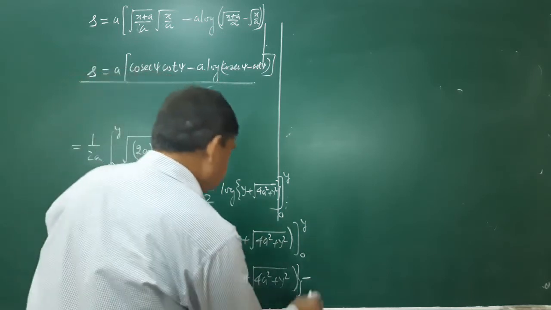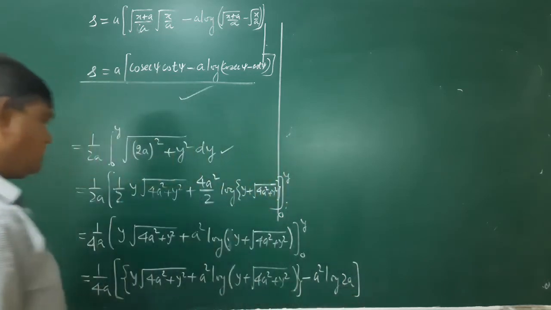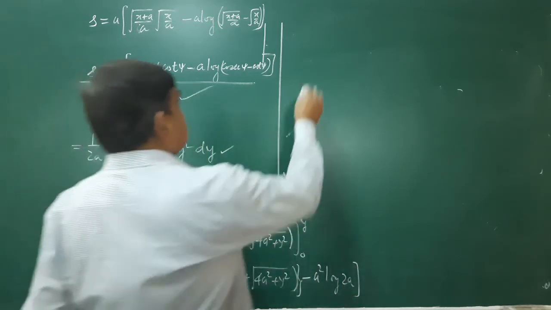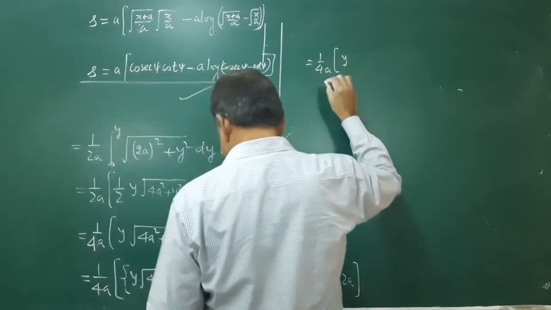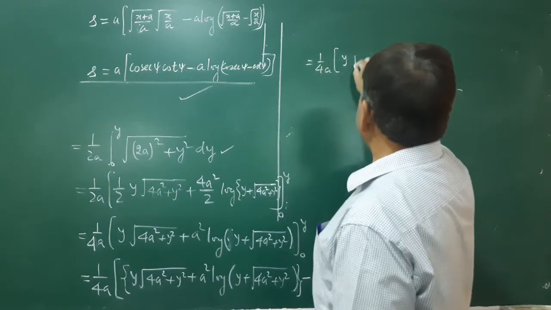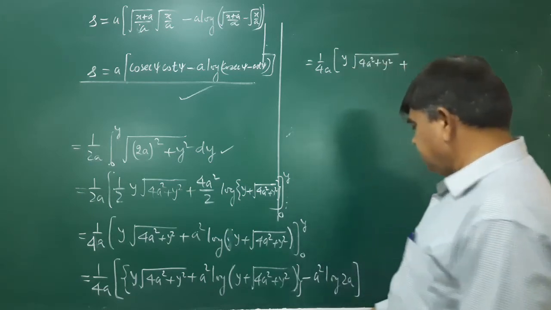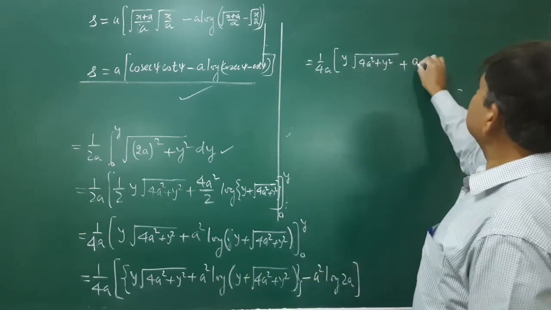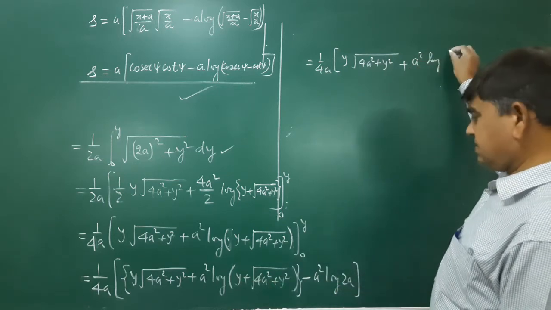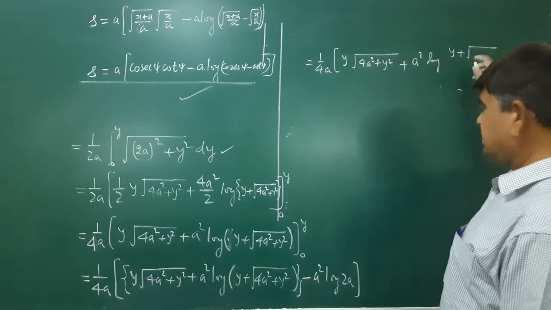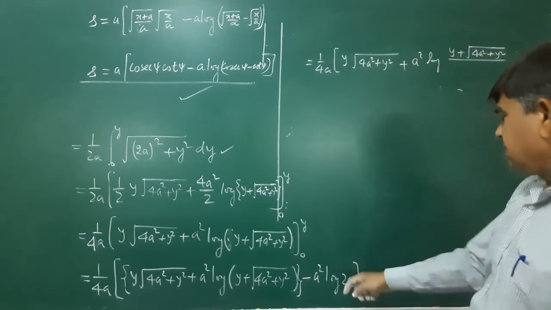This is 0. So it is a square log 2a. Okay, now it's correct. It is 1 by 4a, y root 4a square plus y square plus a square is common, you can say this. Then it is log m minus log m, so it is log y plus root 4a square plus y square upon 2a.